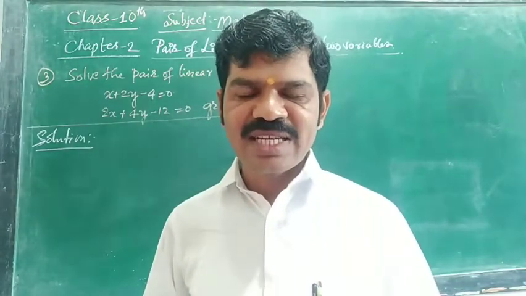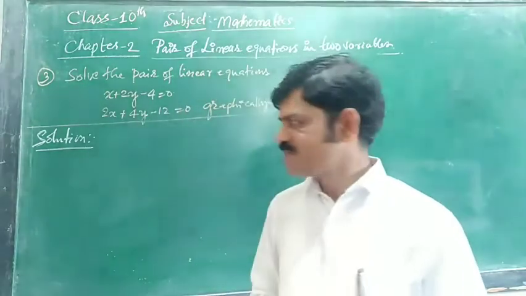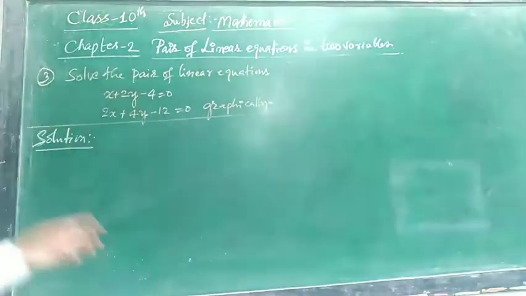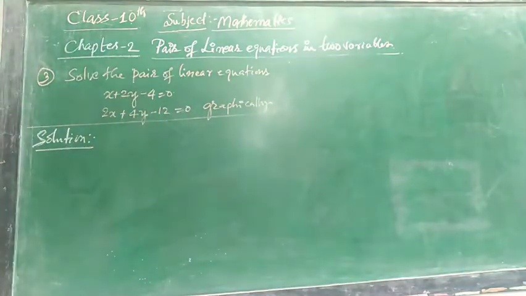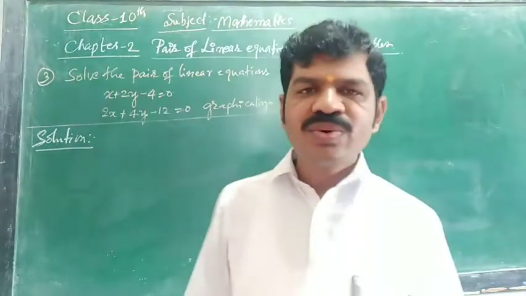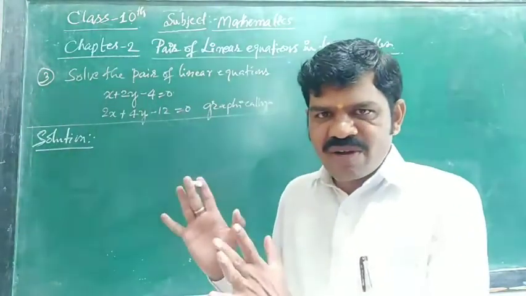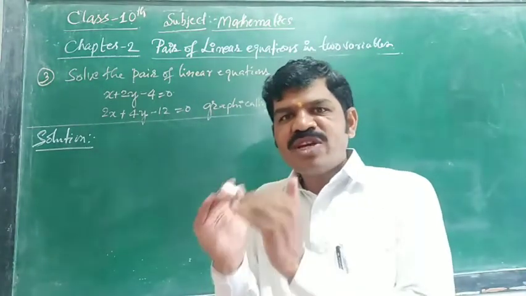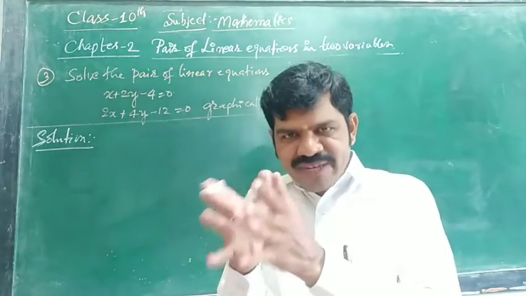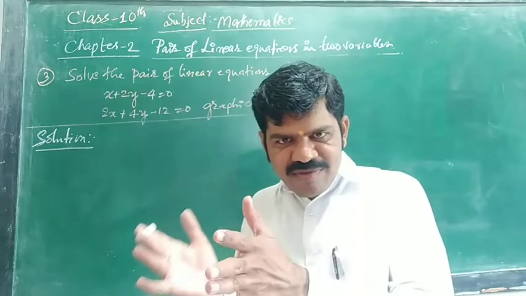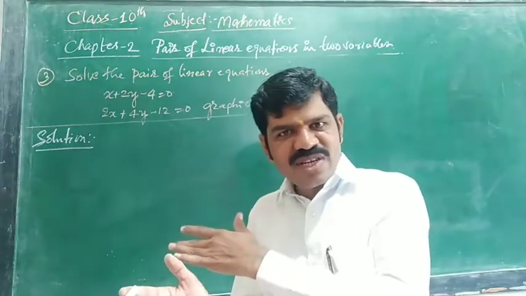Let us see that. So the question is like this: solve the pair of linear equations graphically. So we have to solve by using the graph. By taking one equation we have to provide the value of x so that we get the value of y. In the second equation also the same thing happens.